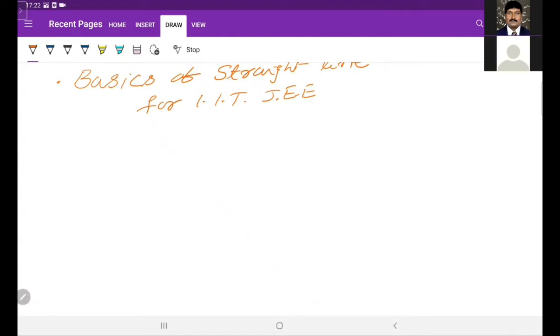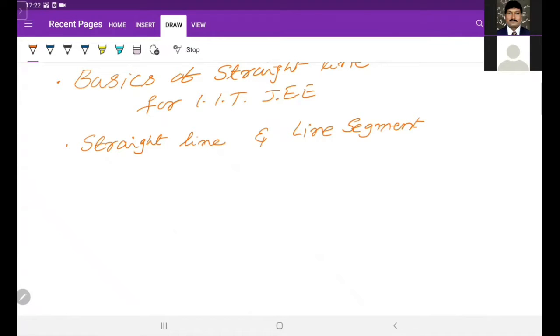What is the difference between a straight line and a line segment? Okay?